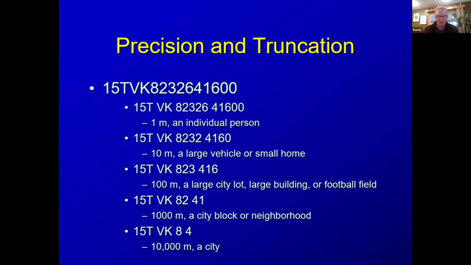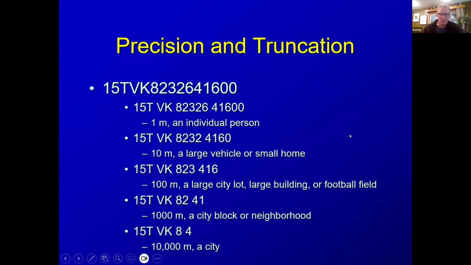That's all we need if we're locating a large city lot, a football field, something like that. If we're using 4 digits, it's 1,000 meters, and we can think of that in terms of a city block or a neighborhood. 2 digits is 10,000 meters, might be an entire city, and so on. So it just gives you a way of visualizing the kind of uses for the precision.